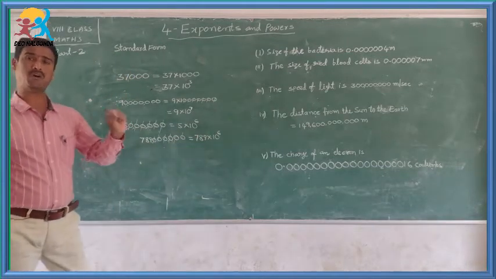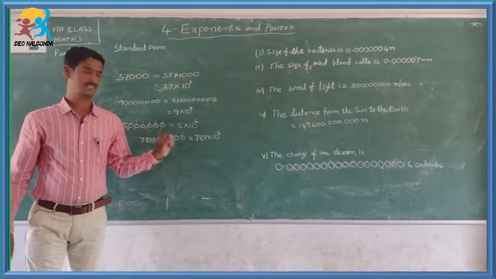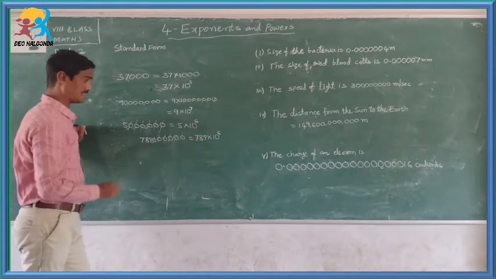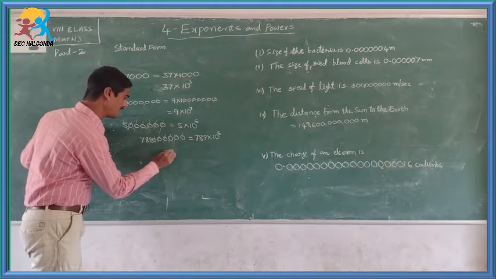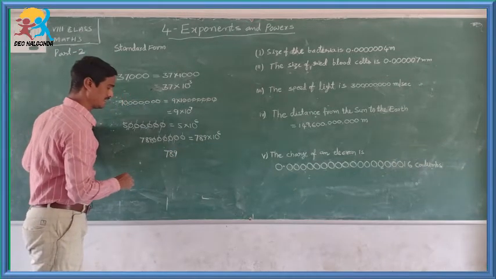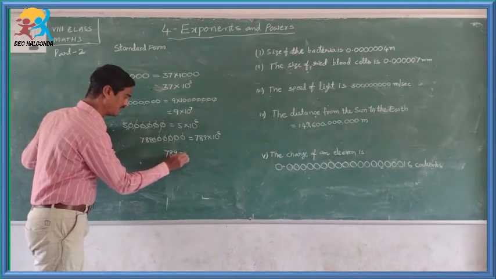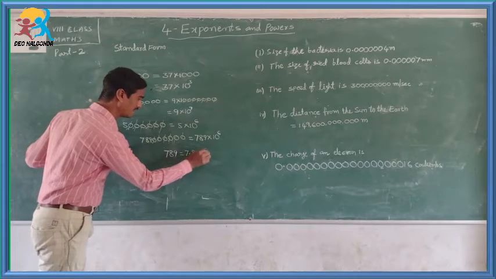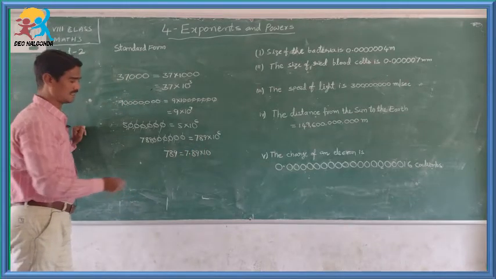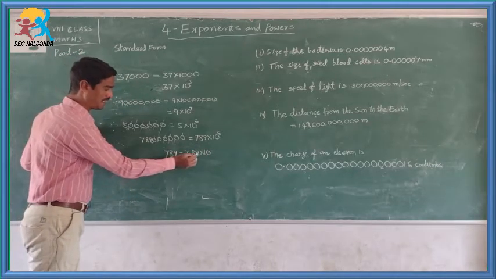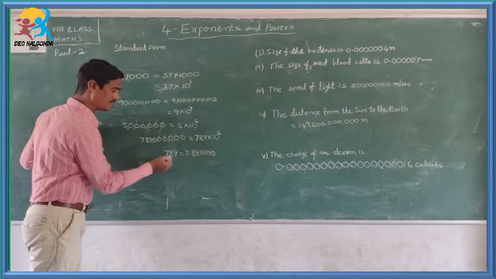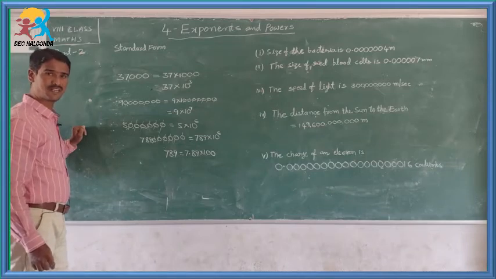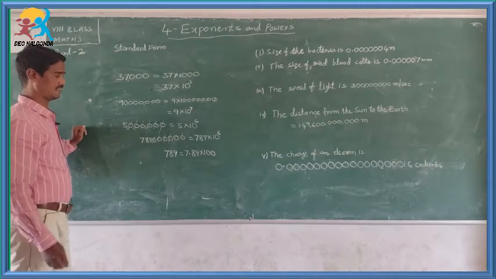Suppose I take decimals. Suppose this can be written as a decimal: 789 equals 7.89 into 100. Yes or no? 7.89 into 100 is equal to 789.